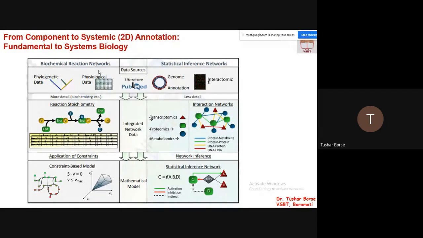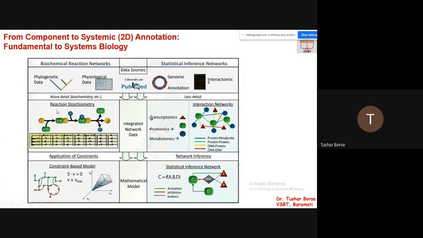You are actually studying the system, the biochemistry, the genetics, and the various aspects of that particular cell, what is actually happening in the cell, and from that information you are trying to develop a network. That is why we call it a biochemical reaction network.